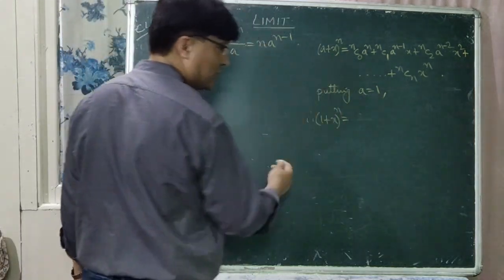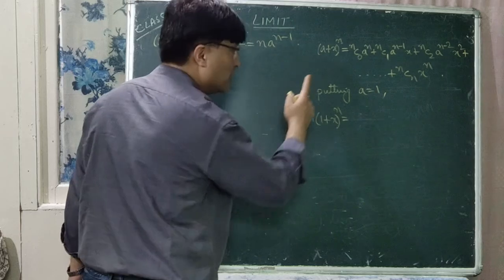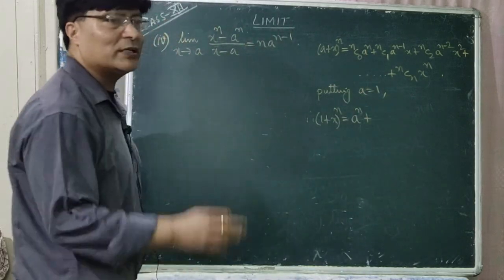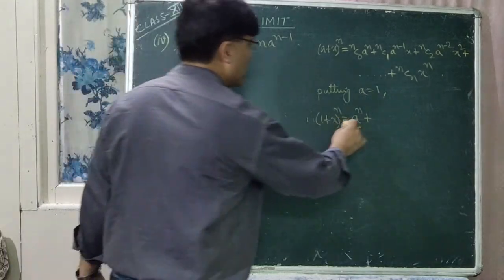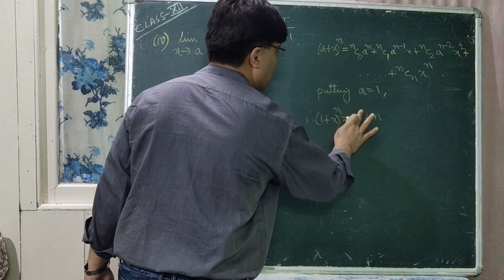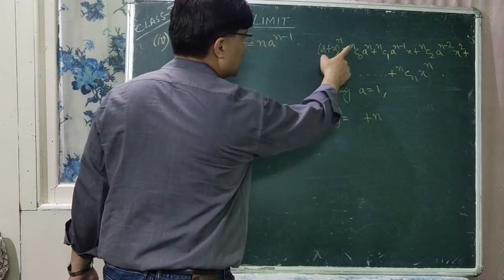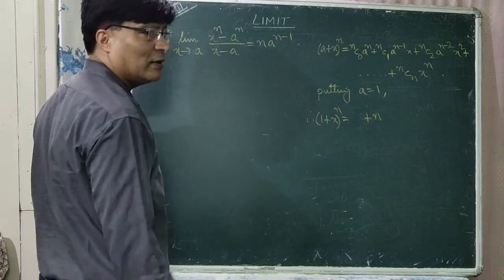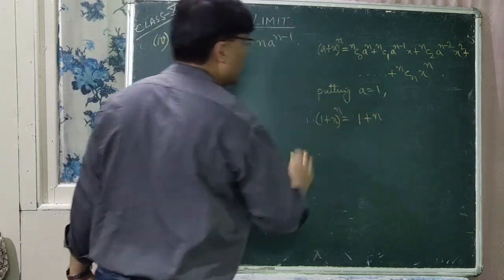Since a is equal to 1, 1 whole to the power n is always 1.